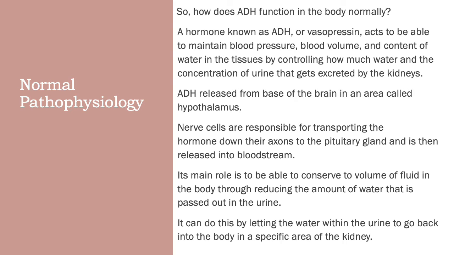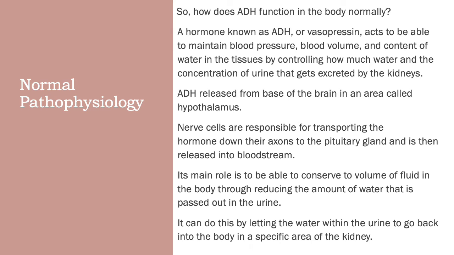ADH is released from the base of the brain, in the area called the hypothalamus, from the posterior pituitary. Nerve cells transport the hormone down their axons to the pituitary gland, and it is then released into the bloodstream.